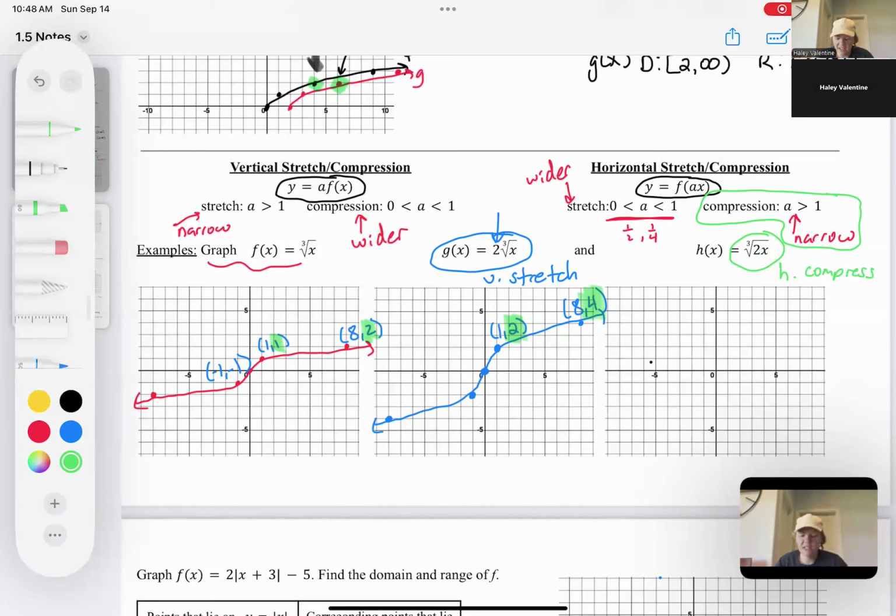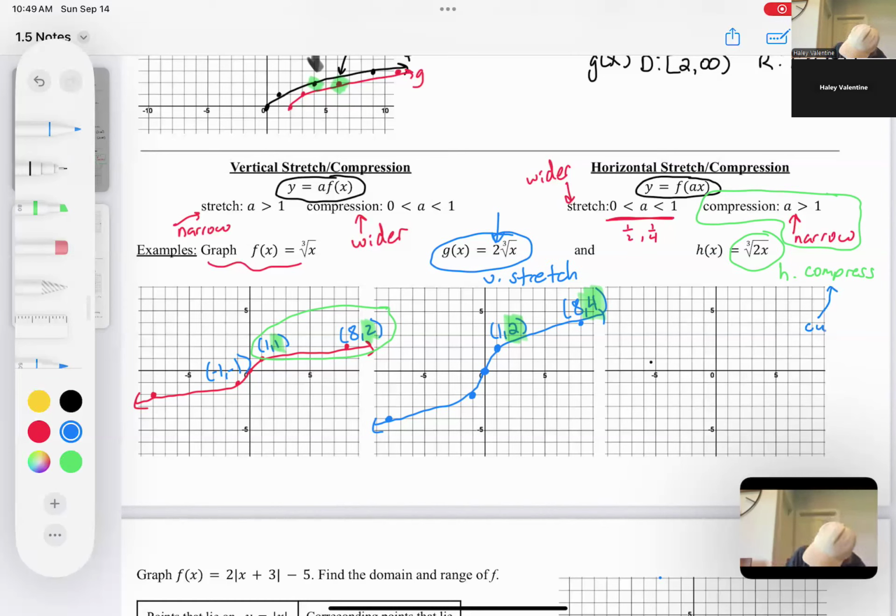So this one is kind of interesting. It's going to end up looking very similar to our vertical stretch. So picture these points that I highlighted. All that's happening here is that I am going horizontally, left and right, so the x values need to be cut in half. Instead of multiplying by 2, maybe let's make note if you need to write that down.